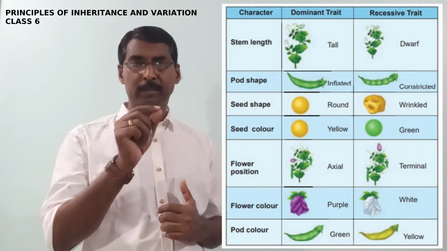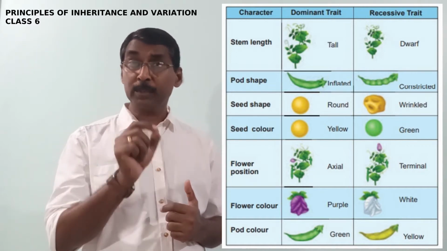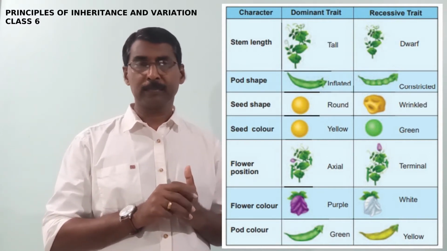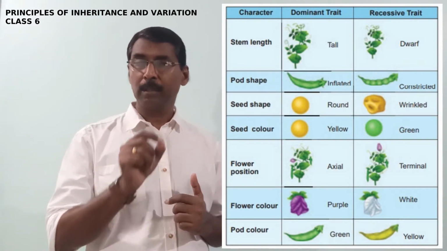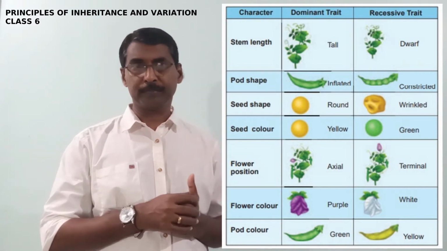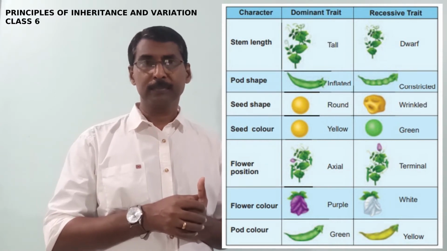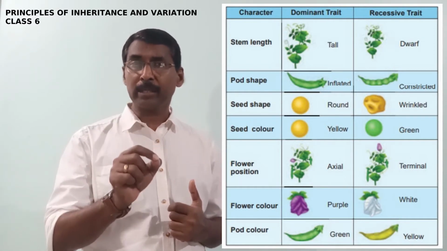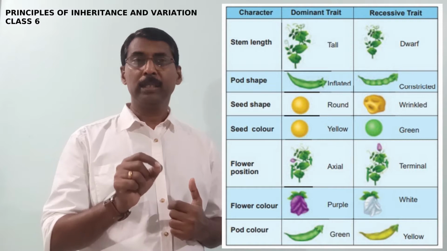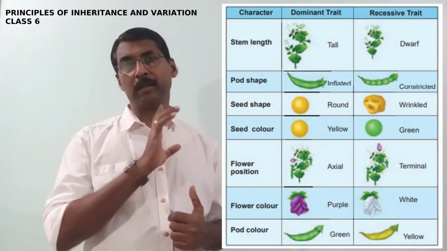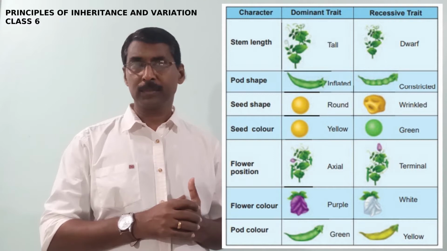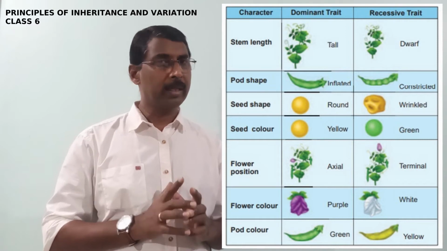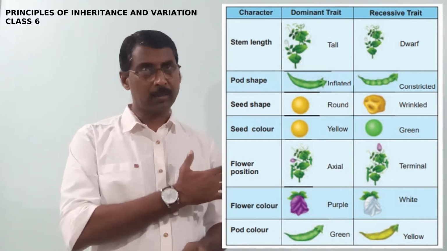As far as the shape of the seed is concerned, two contrasting traits are there. Round seeded pea plants are there and wrinkled seeded pea plants are there. From the chart you can understand that roundness, round trait, is dominant over wrinkled trait. So the round seed is the dominant phenotype, and wrinkled phenotype is the recessive phenotype.